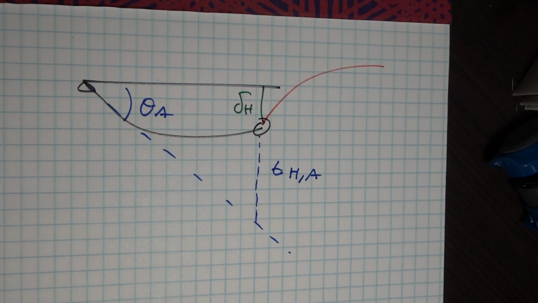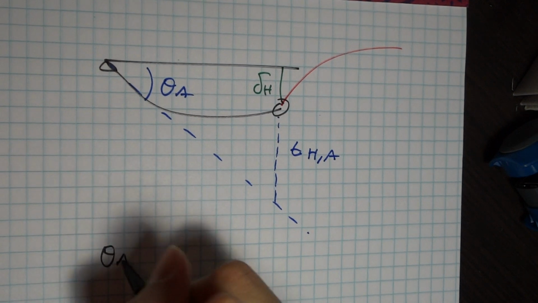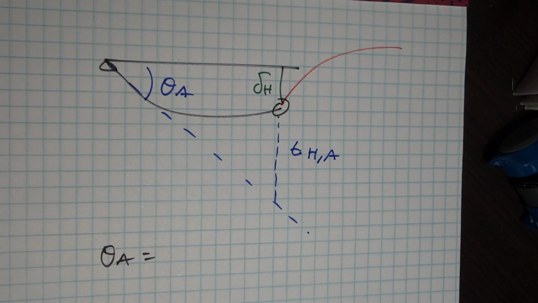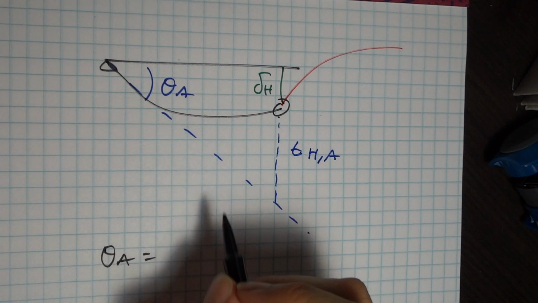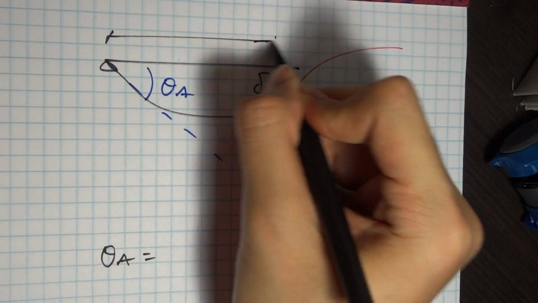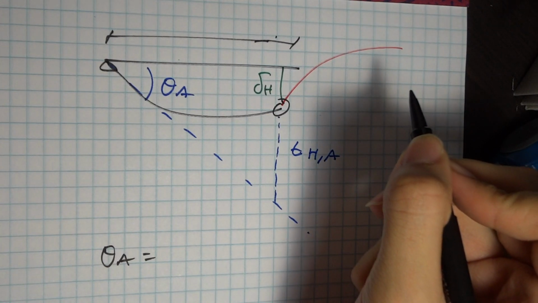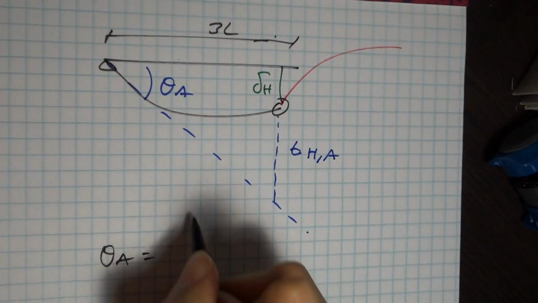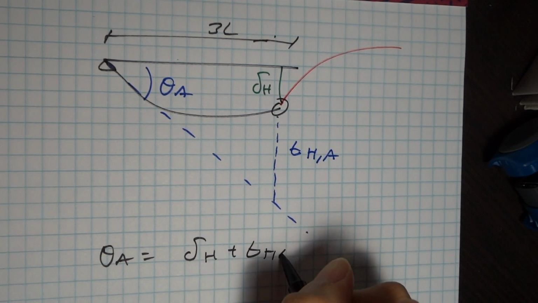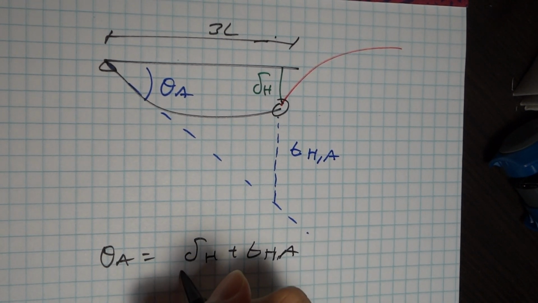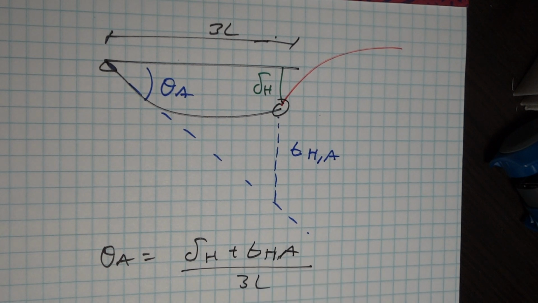Therefore, theta A will be equal to, and what is this length? That is 3L. Theta A will be equal to delta H plus tHA, all over 3L. That is how I get that angle there.